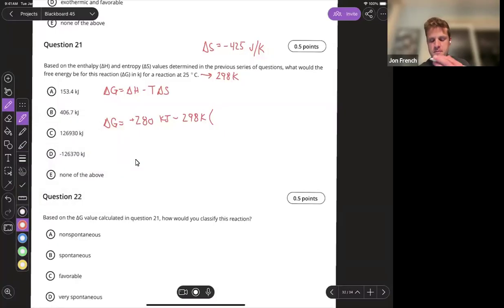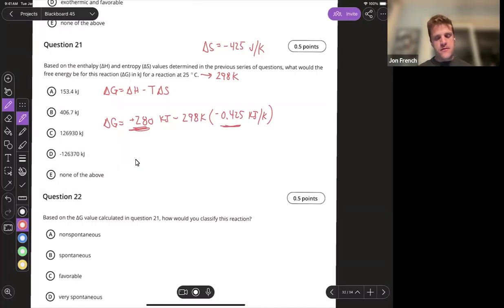So we know 425 joules is 0.425 kilojoules per Kelvin.